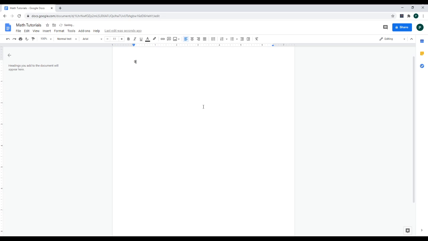So let's say I have the fraction 4 over 7, and I also have the fraction 2 over 5. 4/7 by 2/5.